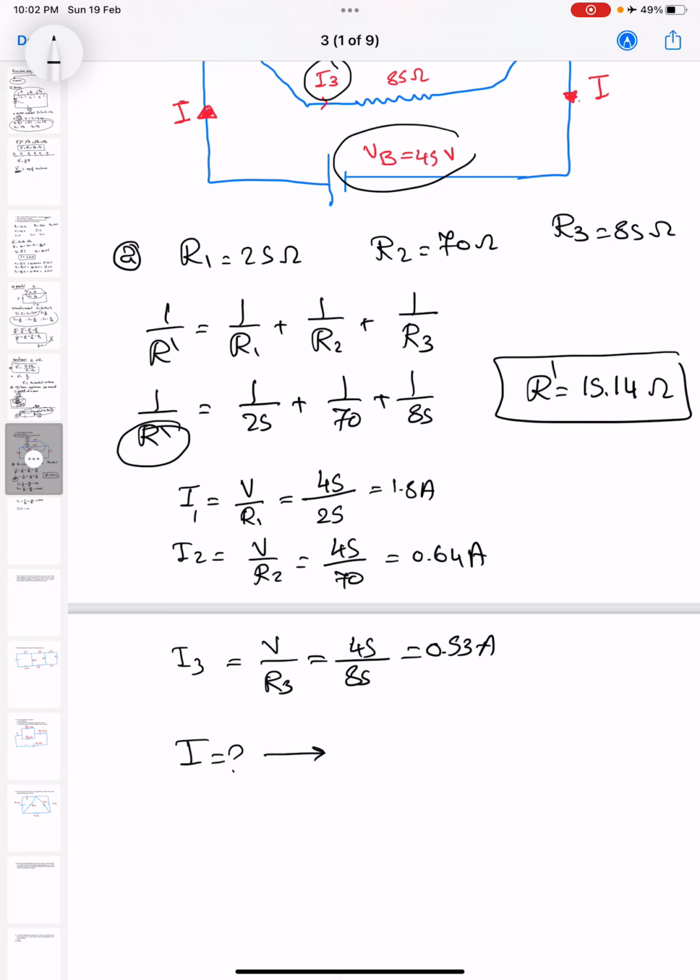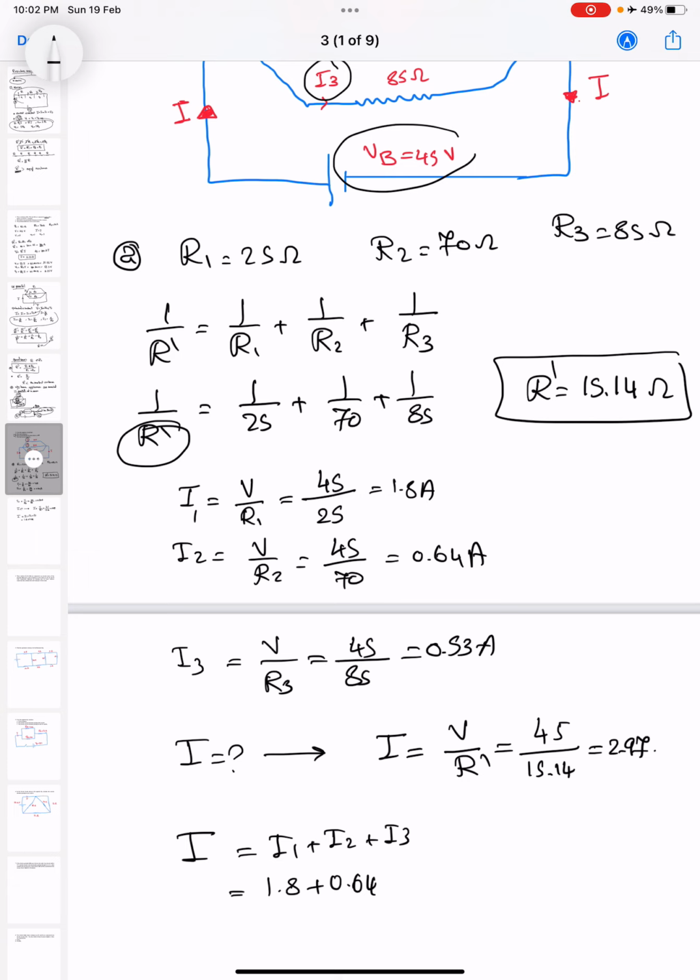The first one, I total equals V divide by R dash equals 45 divide by R dash 15.14, okay, equals 2.97, or I total equals I1 plus I2 plus I3, 1.8 plus 0.64 plus 0.53, which must give the same result, ampere. Okay, good.